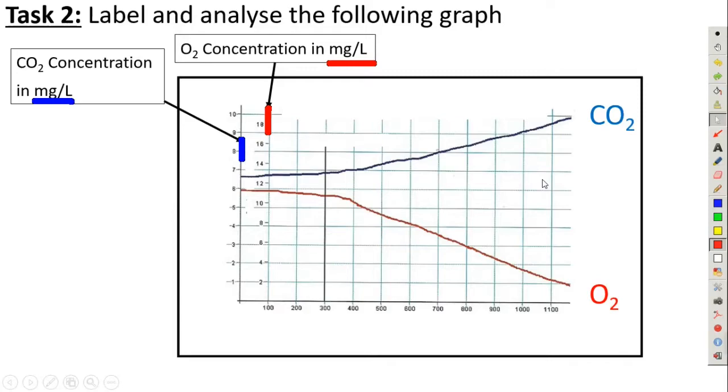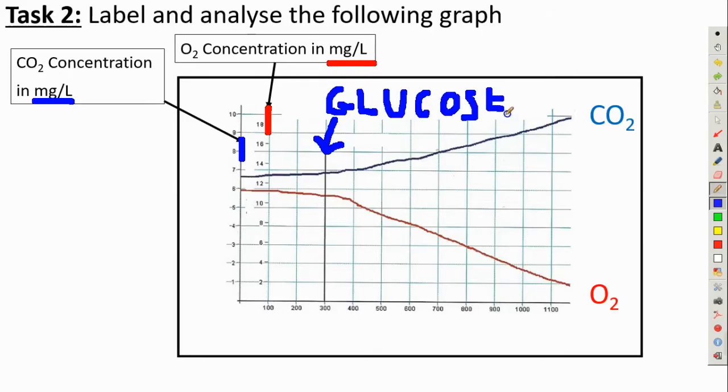Now then, we need to analyze the concentrations. You might be wondering why there's this line here. This is to state that glucose has been added. With a simple syringe, you can add glucose.